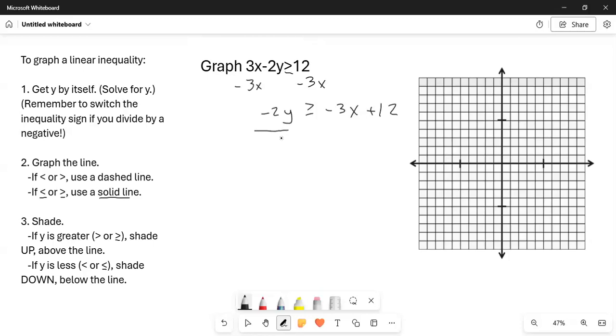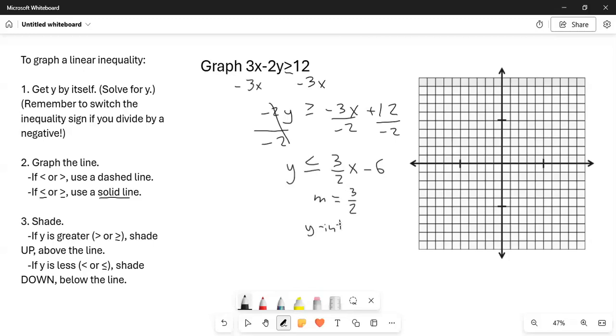Then you're going to divide every term by negative 2, so that you have y is what? Well, you divided by a negative, so you have to switch the sign. y is less than or equal to 3 over 2 x minus 6. Your slope is 3 over 2.